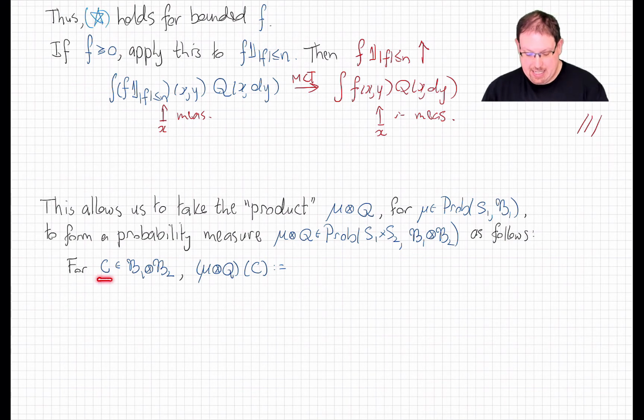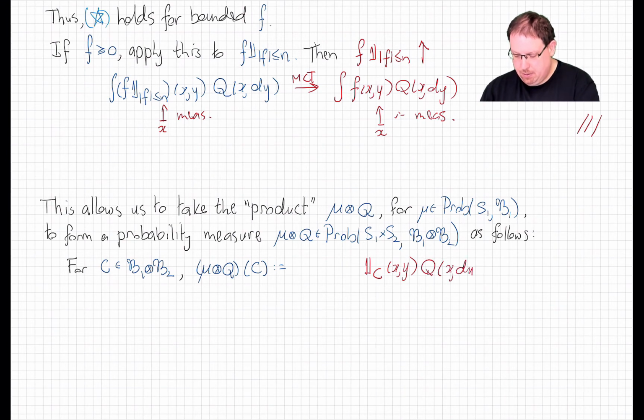For any set C in the product sigma field, the product mu times q of that set C is going to be equal to, well, we take the indicator function of C, which is a function of two variables. We integrate that against the probability kernel, which spits out a function of x, and then we integrate that function of x against the measure mu.